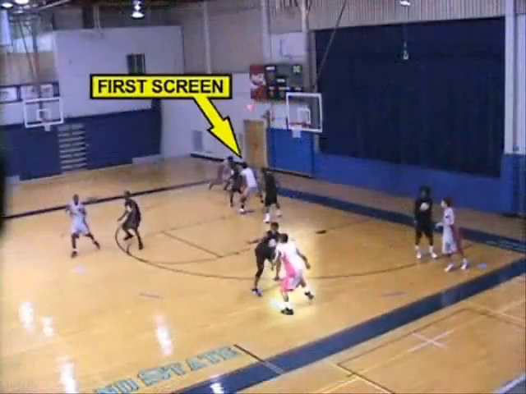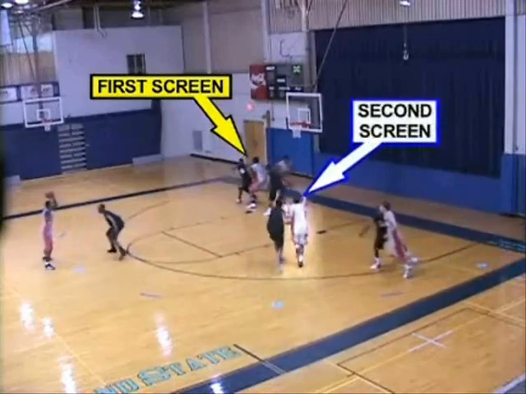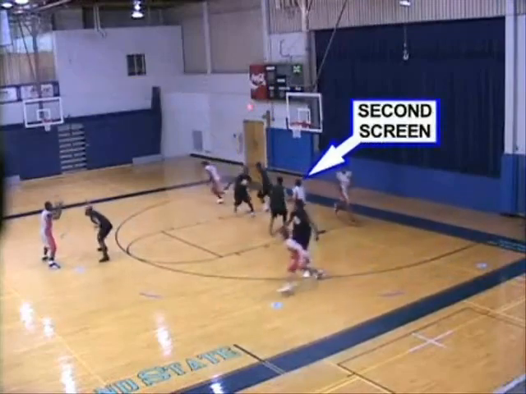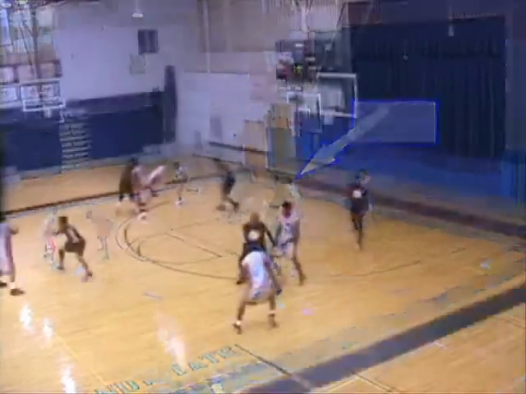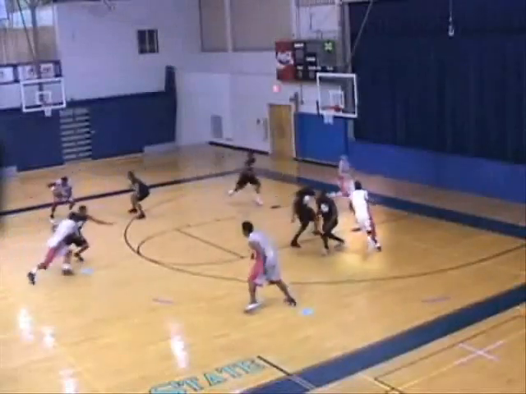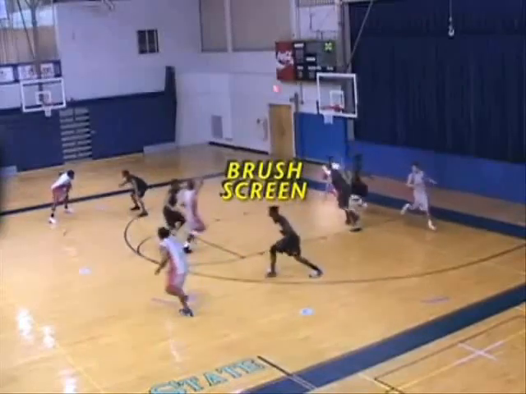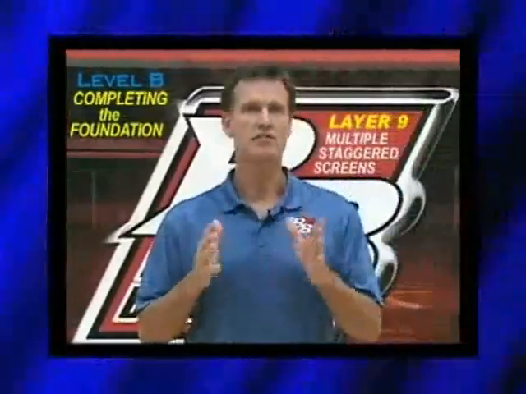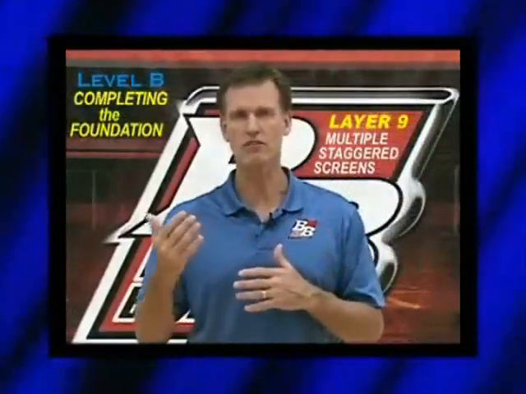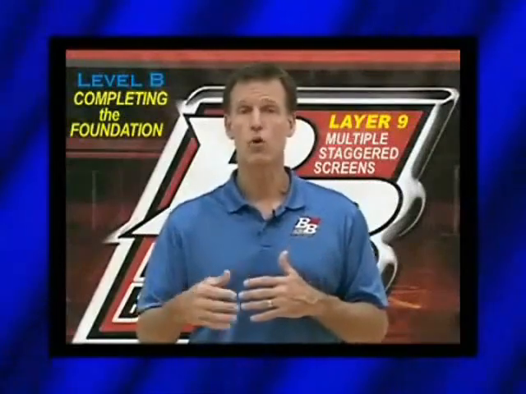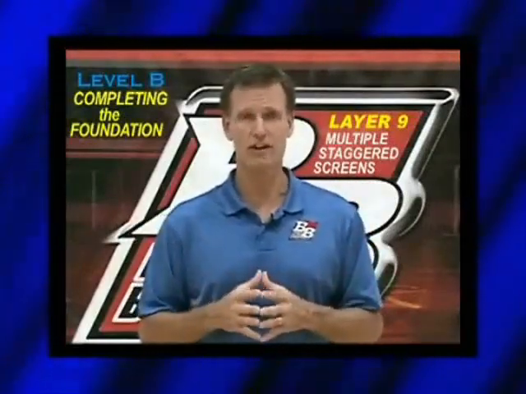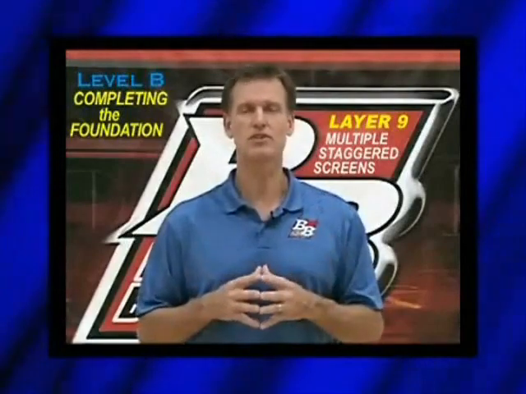Eventually, he'll be aware that he's providing a second screen and perhaps even stop to provide a traditional pick. But in the beginning, when he's still learning, his pick is more or less a brush screen, but it's still effective. If any cutter can simply run his defender off his teammate, whether that teammate realizes it or not, an effective screen has been set.